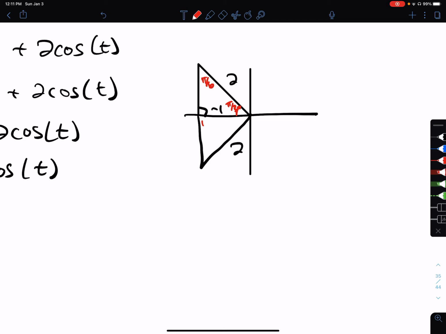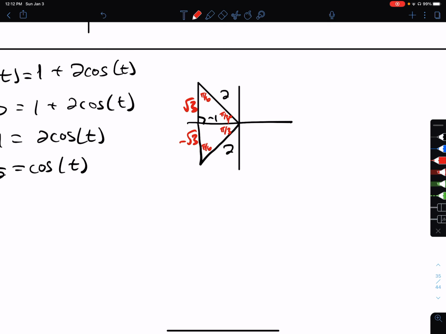So 30 degrees, opposite that's the smallest side, opposite pi over 3. I don't have to know this for this problem, though that would be the square root of 3. And this one would be negative square root of 3. So I want this angle here, which is going to be 2 pi over 3. And I also want this angle here, which is going to be 4 pi over 3.